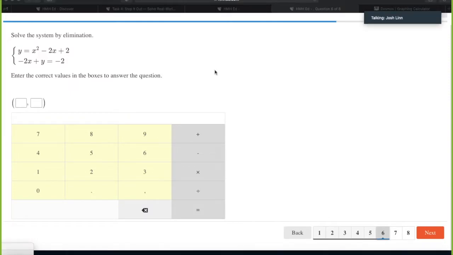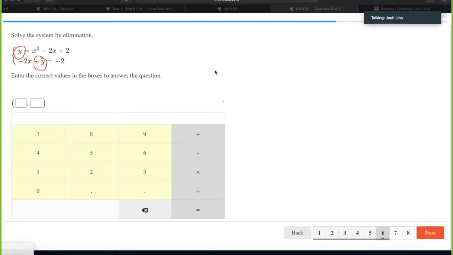All right, it says solve the system by elimination. So right off the bat, you're going to be adding or subtracting something. The first thing I see is that we have a y and a y. So since they're the same, that kind of makes for easy solving by elimination.